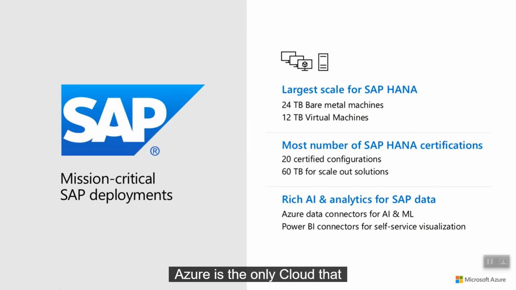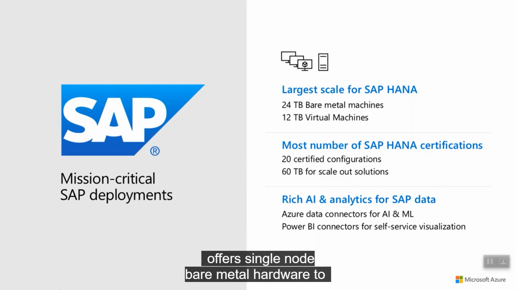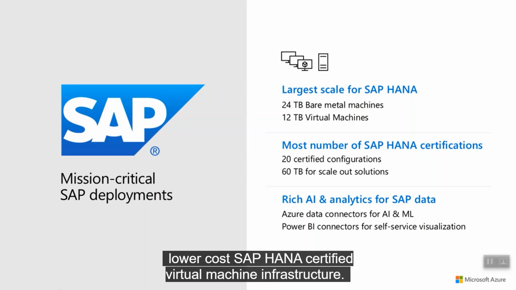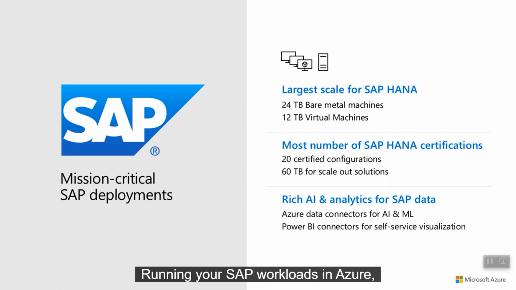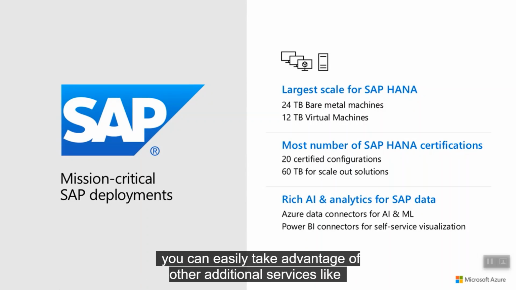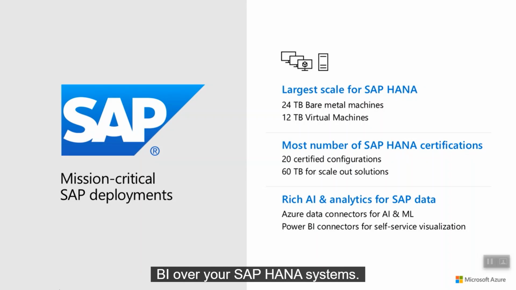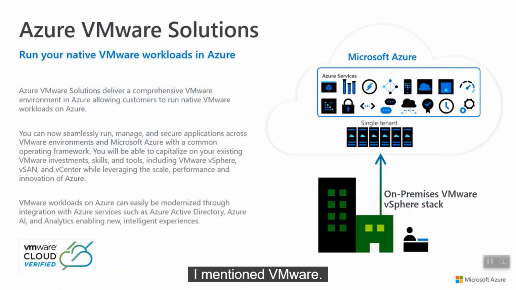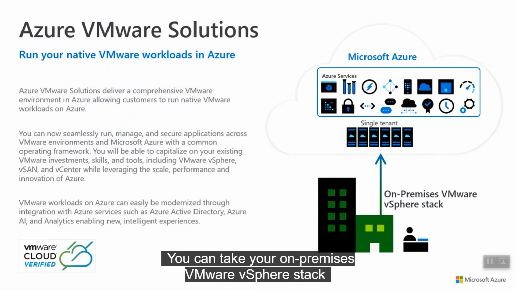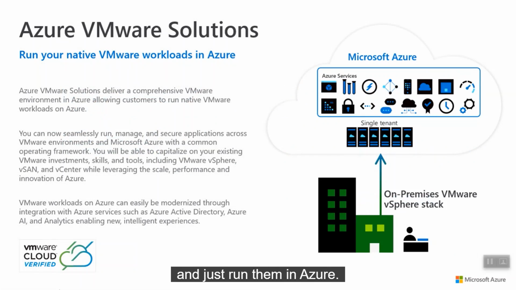Azure is the only cloud that offers single node bare metal hardware to 24 terabytes of RAM while also providing lower cost SAP HANA certified virtual machine infrastructure. And running your SAP workloads in Azure, you can easily take advantage of other additional services like Azure machine learning capabilities or even Power BI over your SAP HANA systems. I mentioned VMware. You can take your on-premises VMware vSphere stack and just run them in Azure.